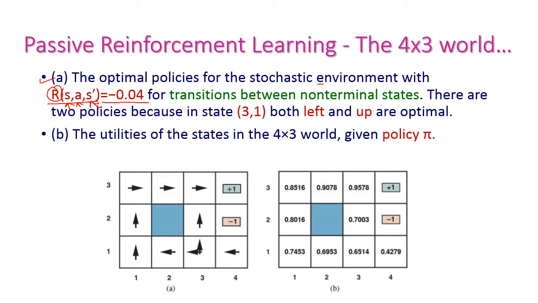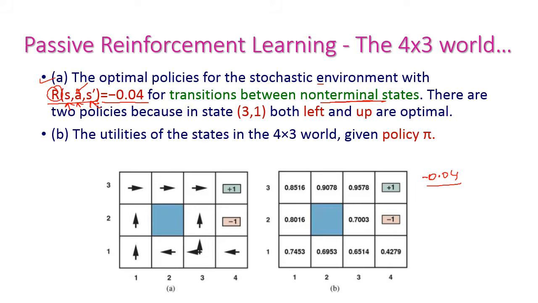What will be the reward for this particular action? It is minus 0.04 for transitions between non-terminal states. For all the non-terminal states, if any action is executed, the reward is minus 0.04.